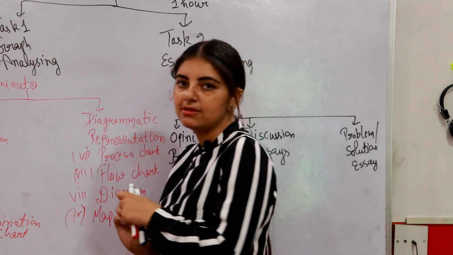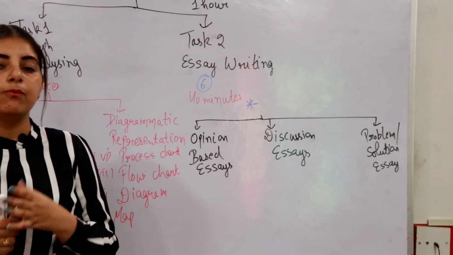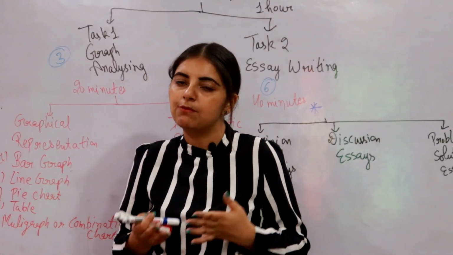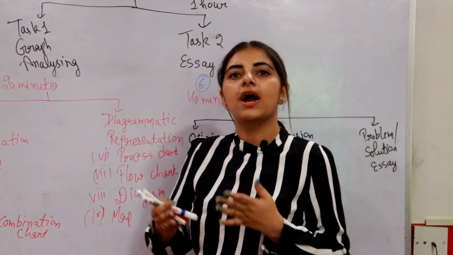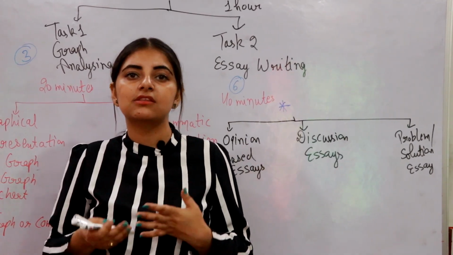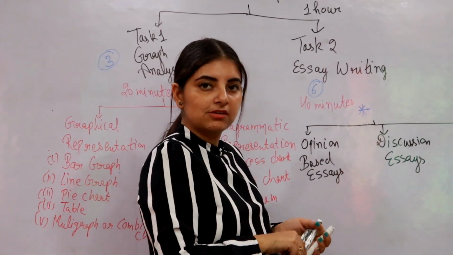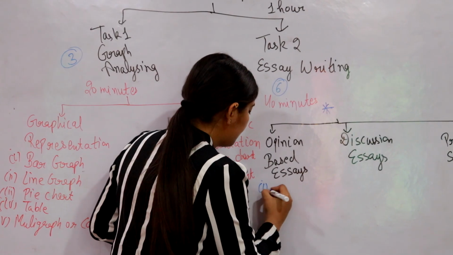Talking about the opinion based essays, these are the essays where you have to present your own opinion. Means either you have to favor one opinion or go against one opinion by presenting the supporting ideas.